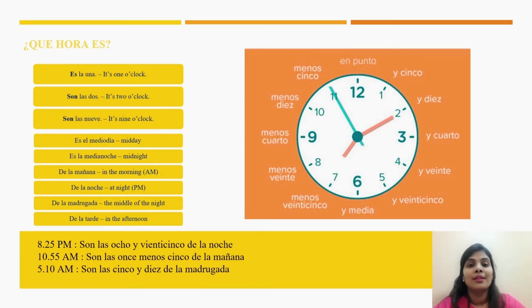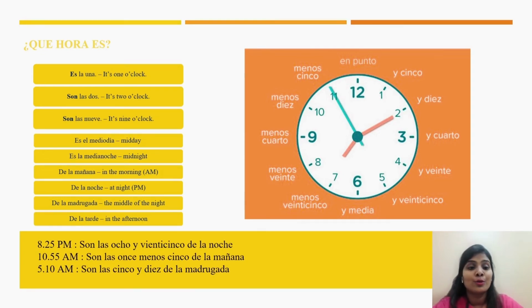Now we have to learn to speak AM and PM. So there is a little bit of change. AM is de la mañana. PM is de la noche. But you can also refer to the other two which we have mentioned in the PPT, which says de la madrugada, which is early in the morning, approximately starting from 3 o'clock to 6 or 7 o'clock.